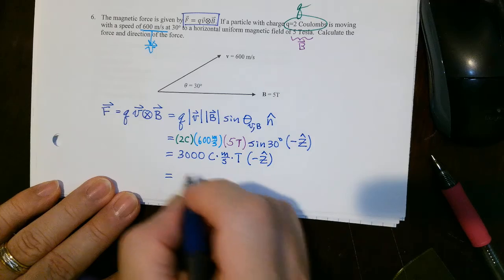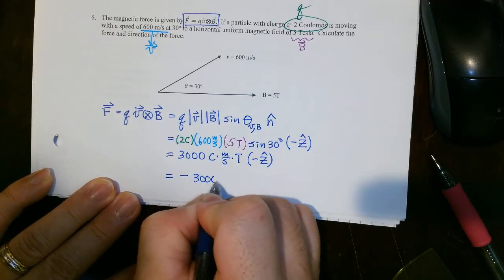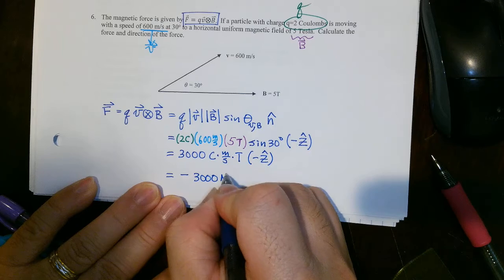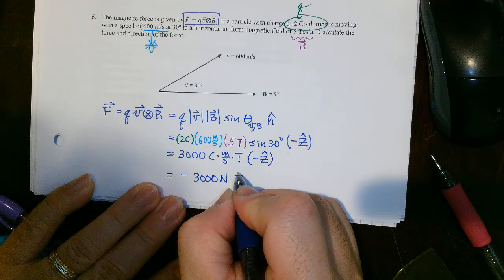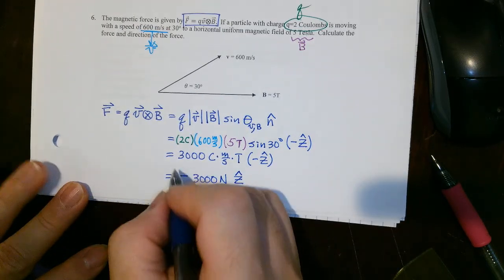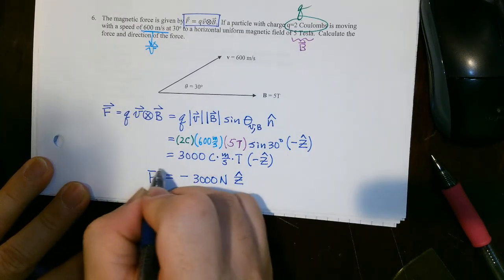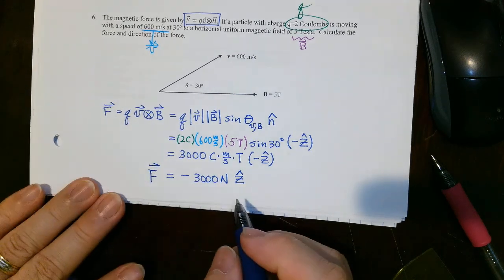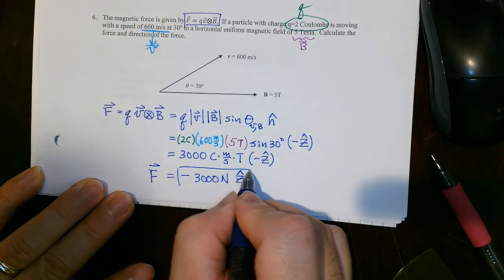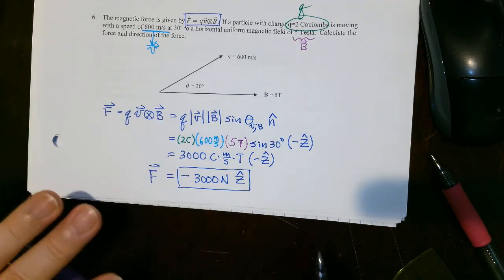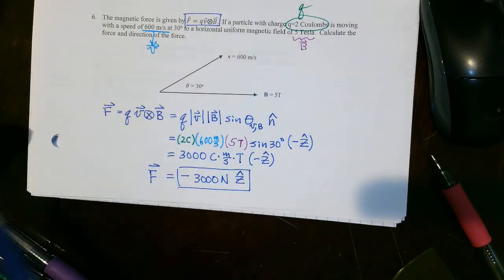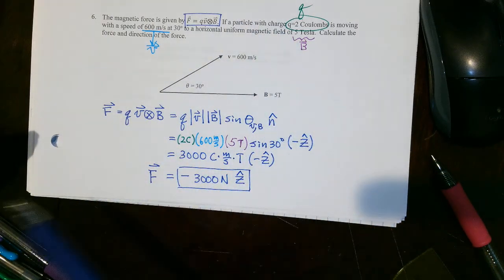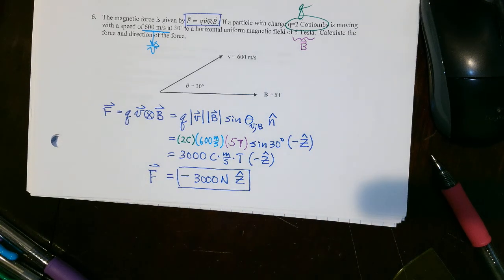So you can say negative 3,000 newtons, because all this multiplied together would be just newtons, z hat. You don't have to worry about that right now. That is your force that the charged particle will experience. So it will go this way, and then it will circle like that. It gets trapped in there, going in a circle.